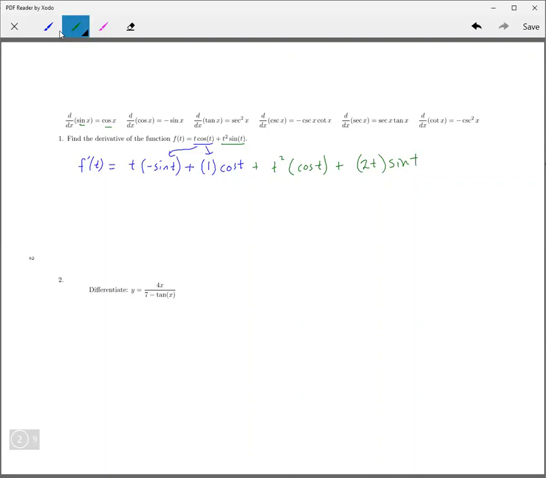Okay. So in the end, we have negative t sine t plus 2t sine t, and those 2 are going to combine to give you t sine t. This is cosine t, and this is t squared cosine t.